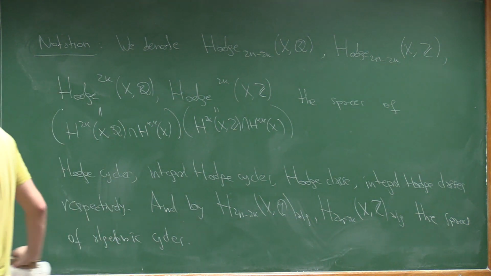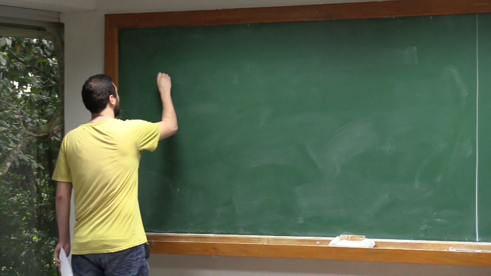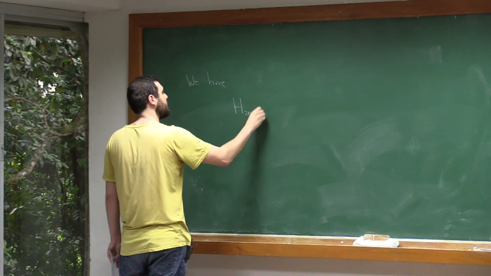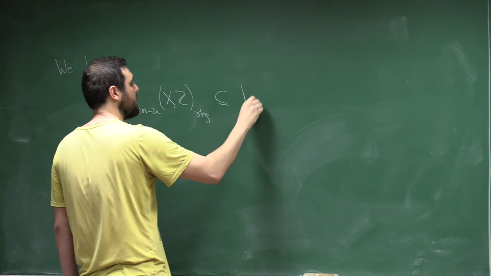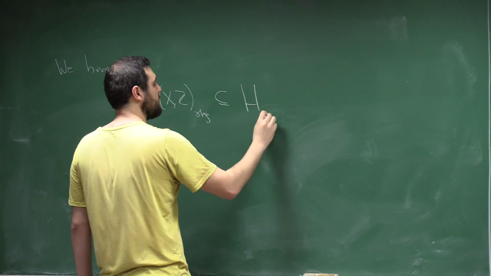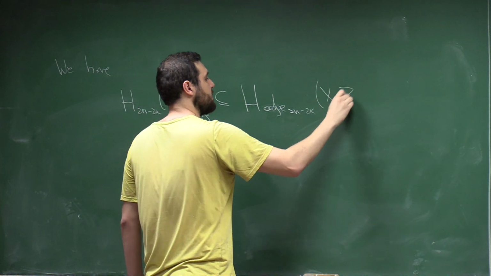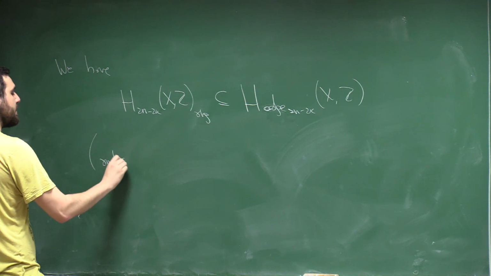Okay, so what we proved is the following inclusion. We have that H_{2n-2k}(X,Z)_alg is contained inside Hodge_{2n-2k}(X,Z), and so we also have it for rational coefficients.